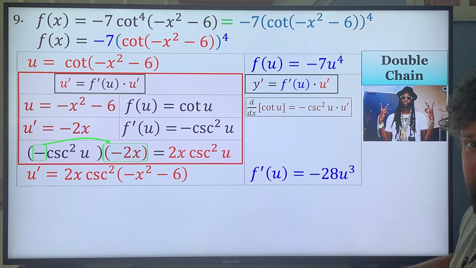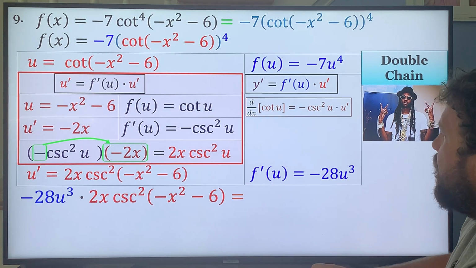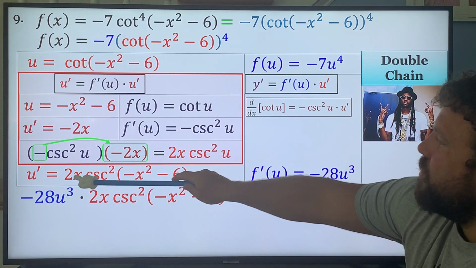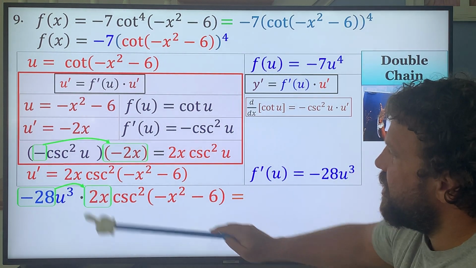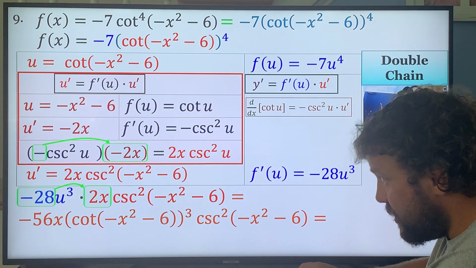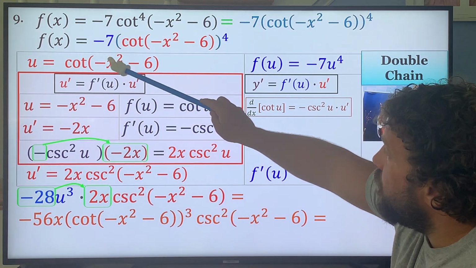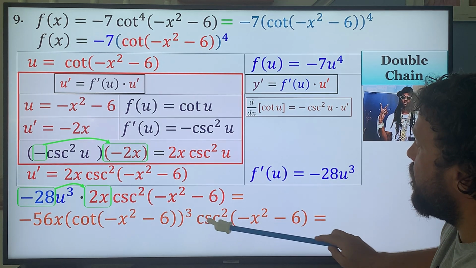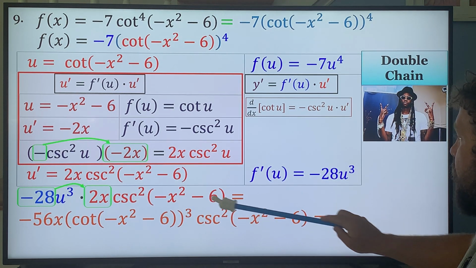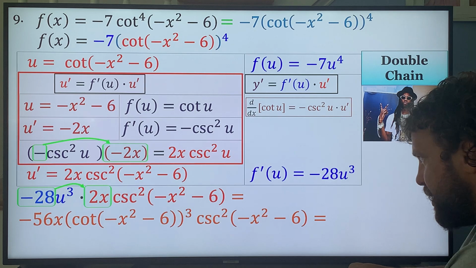Multiply the two together. See, the two chain rules was actually pretty easy. Negative 28u to the third times the u prime we found: negative 28u to the third times 2x is negative 56x. U, our original u, cotangent of negative x squared minus 6 to the third power, cosecant squared of negative x squared minus 6.